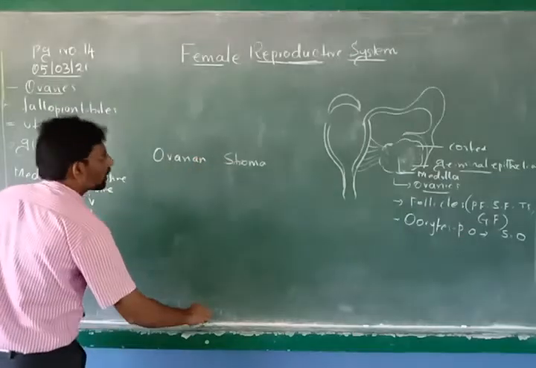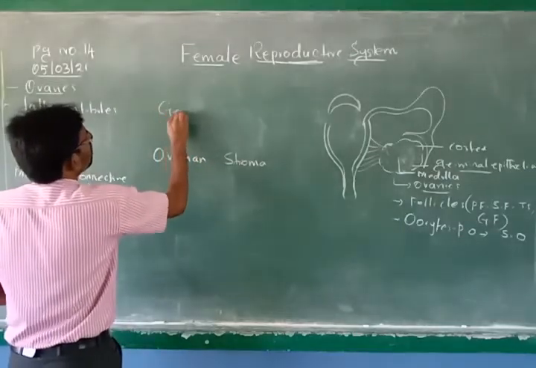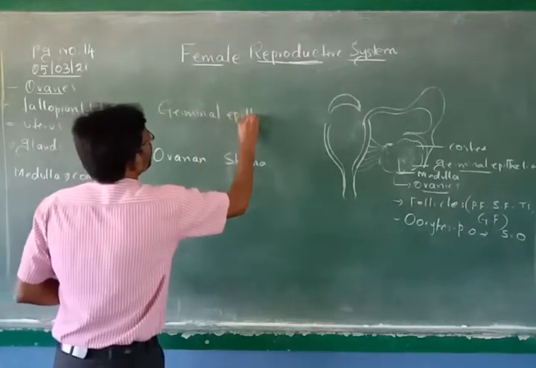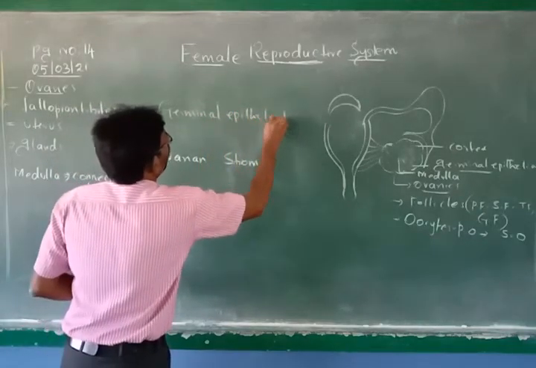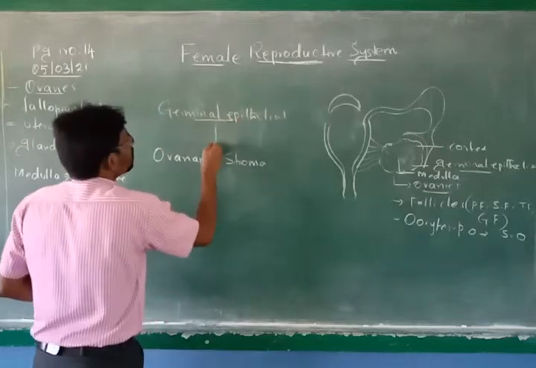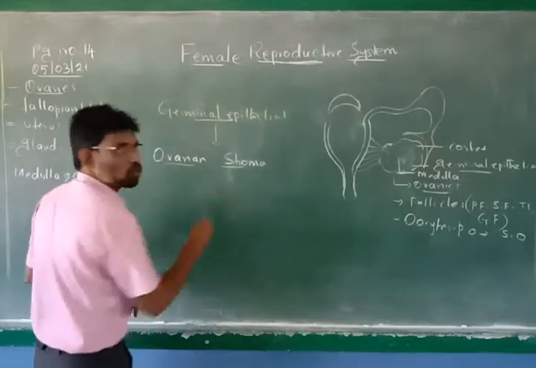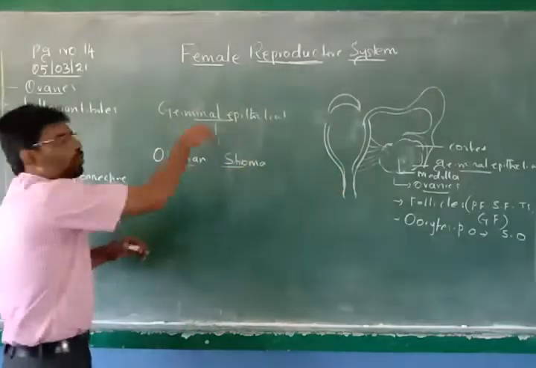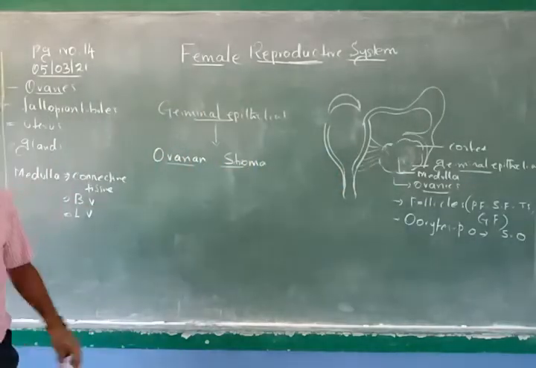So the ovarian stroma is there, and above that you have the germinal epithelium.